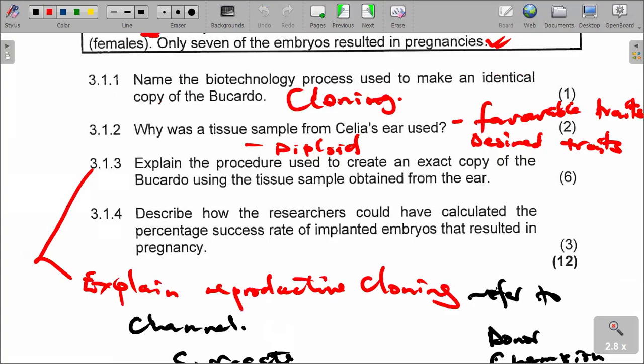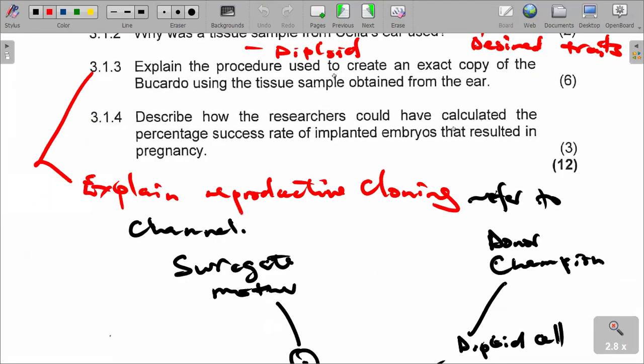The next question is saying, describe how researchers could have calculated the percentage success rate of this one. For question 3.1.4, we are saying number of pregnancies divided by the number implanted is what we're going to do here.